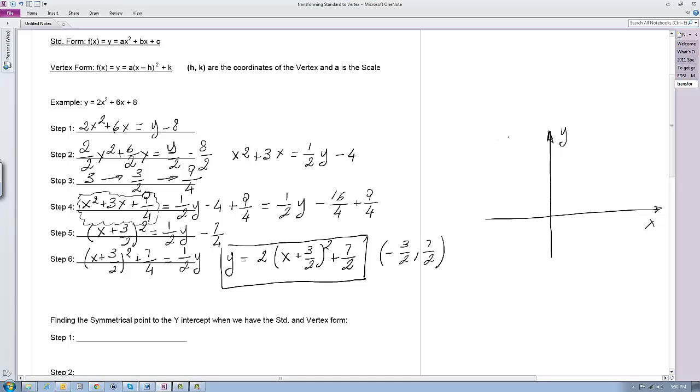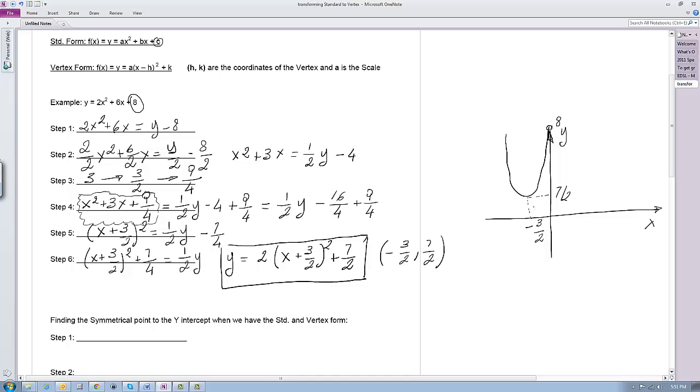The parabola will open up as I have a positive scale, 2. My vertex would be here, and this is 7/2 and minus 3/2, and my y-intercept will be at 8. Remember that c here is my y-intercept, and my y-intercept in this case would be 8.